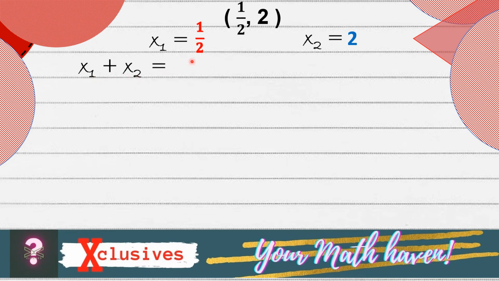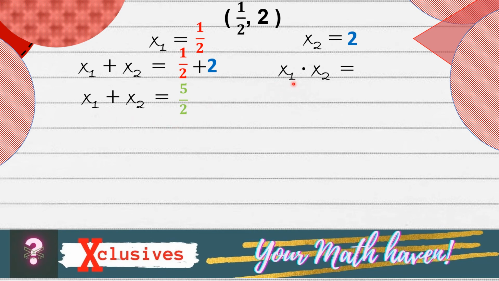Our x sub 1, that is 1/2, plus our x sub 2, that is 2. Now, to solve the sum of a fraction and a whole number, we can do it like this. 2 times 2, that is 4, plus 1, so we have 5 over 2. And this is our sum of the roots.